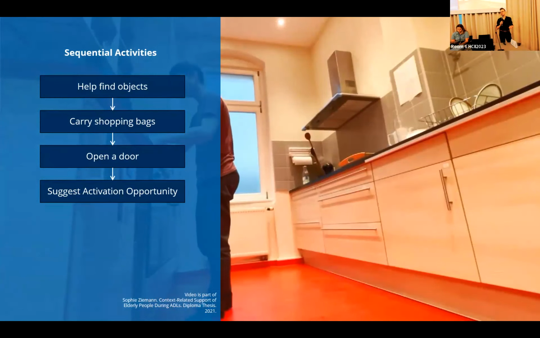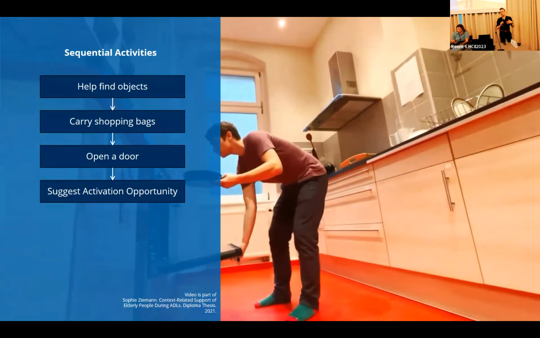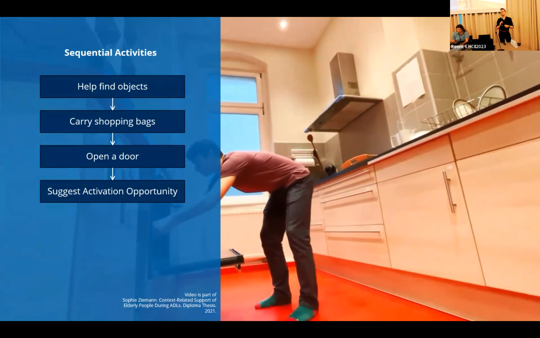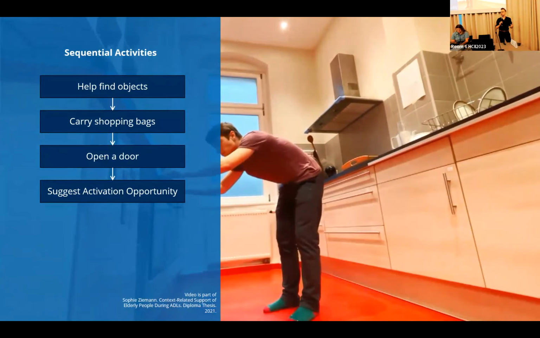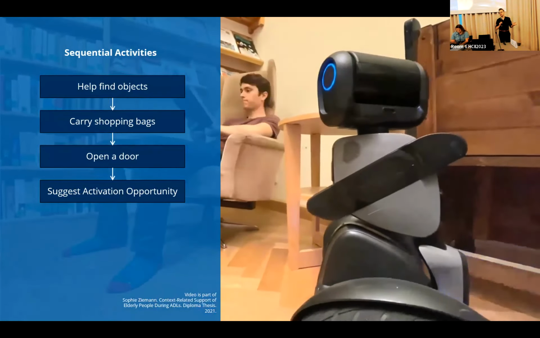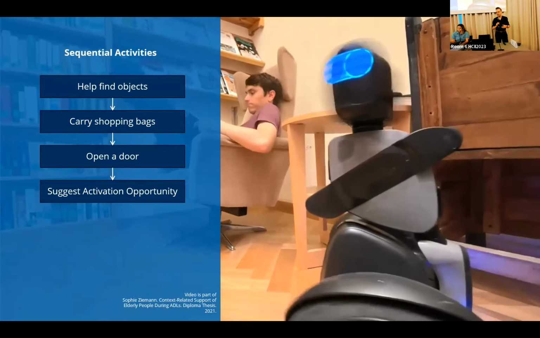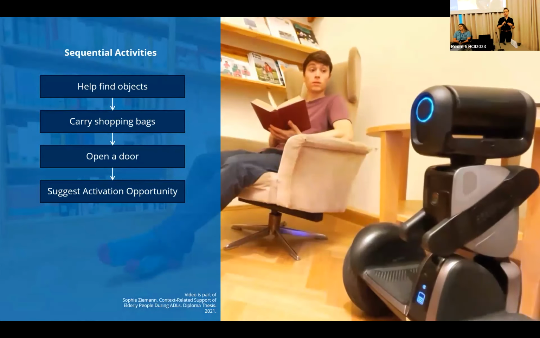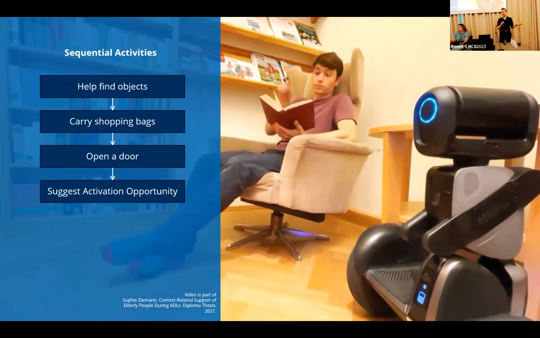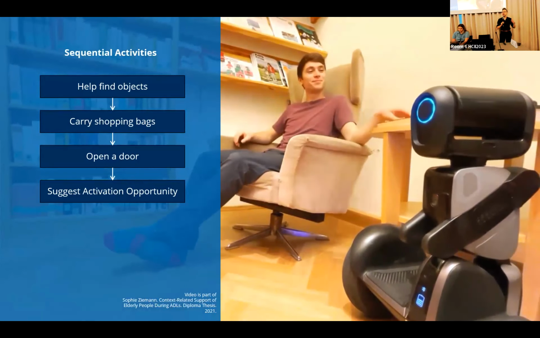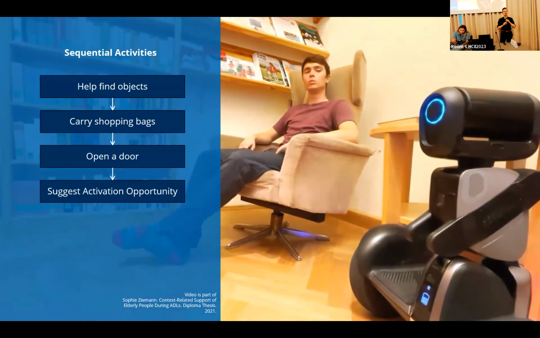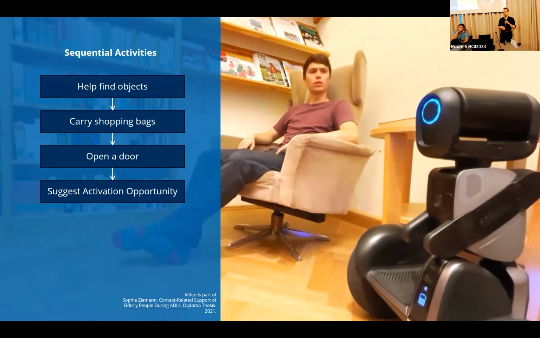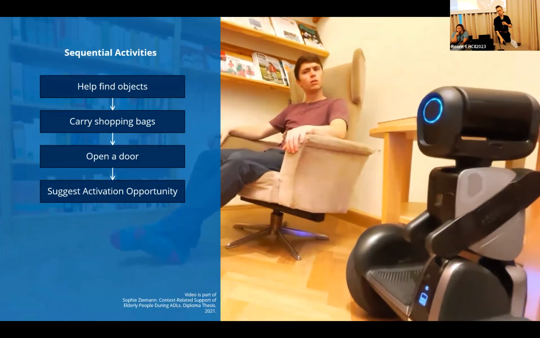You lost your keys, for example, and the robot helps to find them. If that task is done, you get over to another task. Maybe you went shopping and you want assistance carrying the bags. And if that's done while you're returning home, you want the robot to open the door. Well, that's not really a problem, because all those activities are sequentialized one after another, and there's no contradiction there.